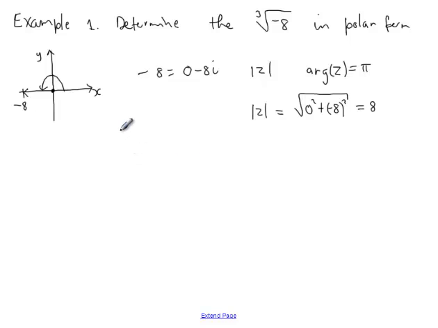So in this case, let's say the roots now, this is the cube root. According to De Moivre's theorem, there will be three roots, so k is running from 0 to 2. Then this will be the cube root of the modulus, times the argument of the number plus 2k pi, all divided by 3.